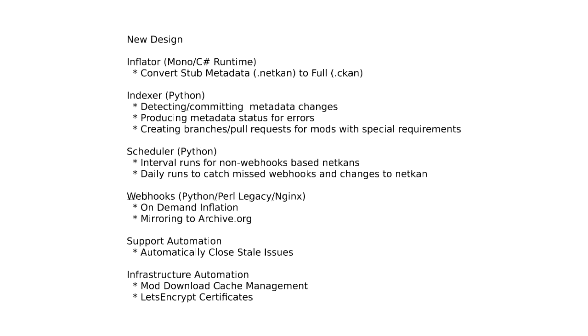Plus a bunch of scheduled tasks, like for scheduling indexing runs and cleaning up our cache, and the support automation. And it came with a lot of benefits, like changes could be more focused, and the logical separation of these services. In particular, the inflator could cache some of the more expensive operations.